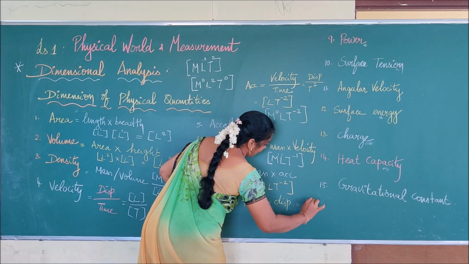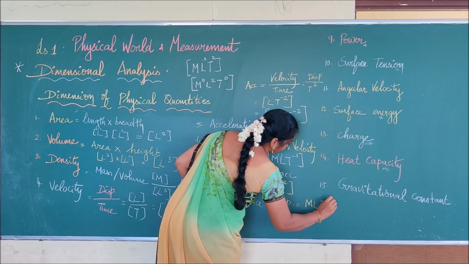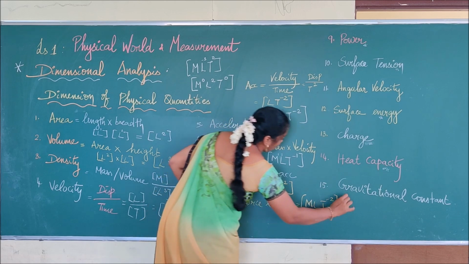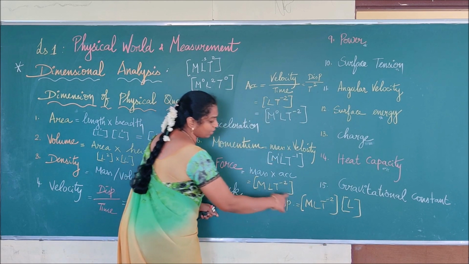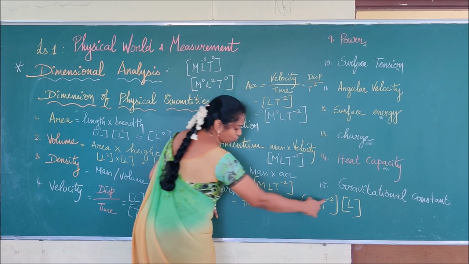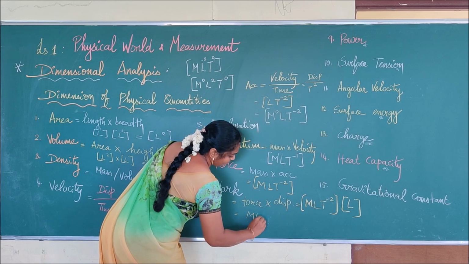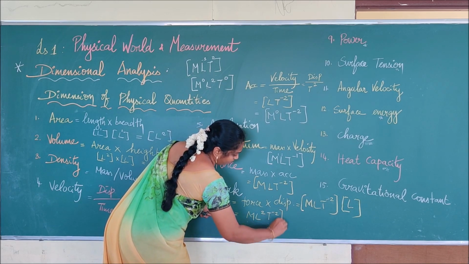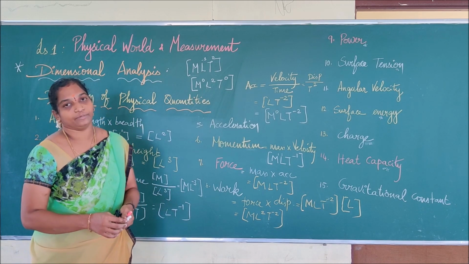I can say M L T power minus 2 into L. The force dimensional value is M L T power minus 2 and the displacement value is L. Therefore it becomes M L square T power minus 2. So that is the dimensional formula for work. Is it clear?